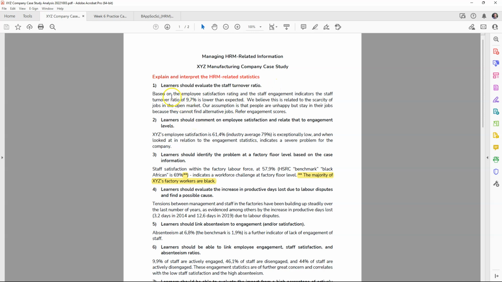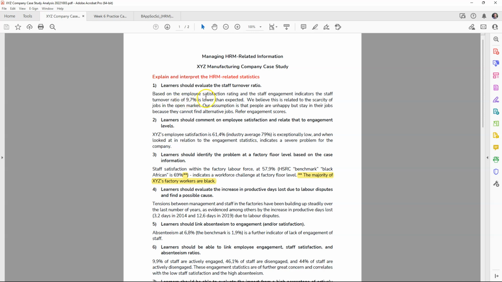My thoughts around this was that based on the employee satisfaction rating, which is not good, and the staff engagement indicators, the staff turnover ratio, I think that is actually low given the high dissatisfaction. You may differ from that, but that is just my thinking based on my experience with poor performing companies and where people leave in droves.